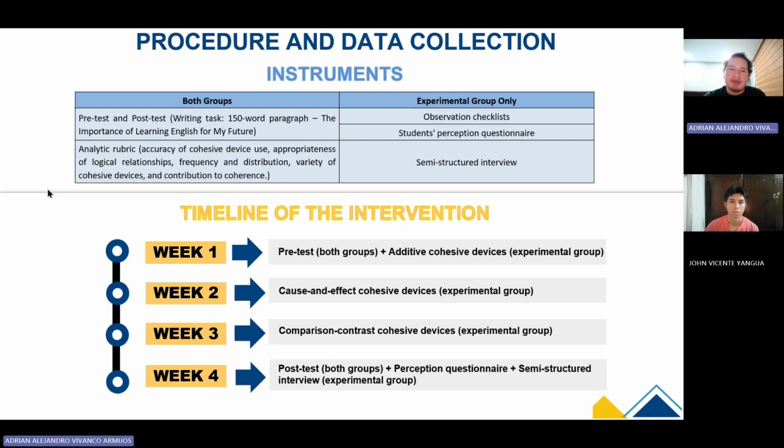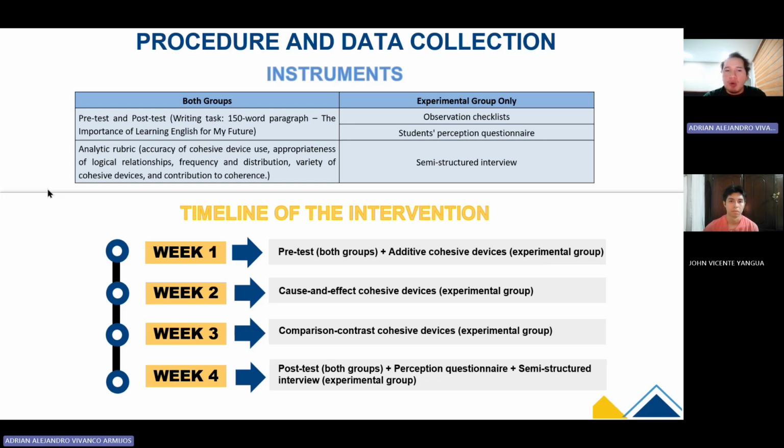Throughout the 6 instructional lessons, one observation checklist was completed during each session, resulting in 6 observation records that documented student participation, engagement, difficulties, and progress while learning to use cohesive devices.